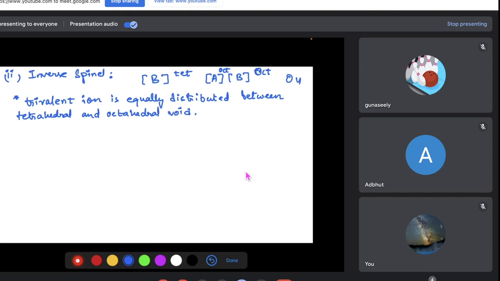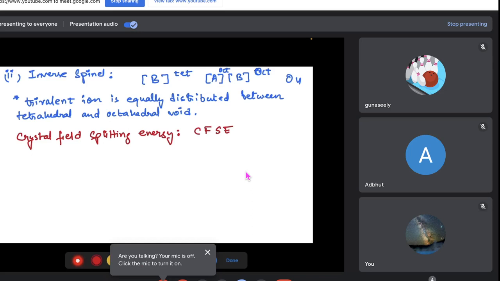Okay. So to distinguish between these two, to identify the spinel, we take the help of crystal field splitting energy, that is CFSE.